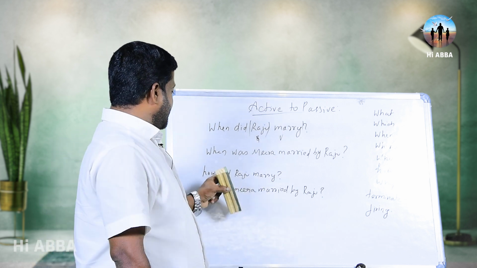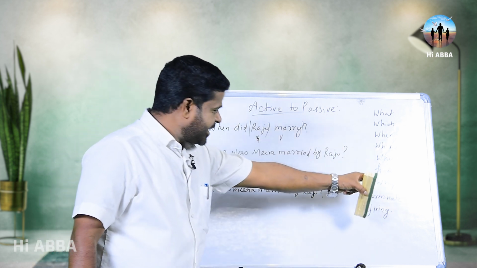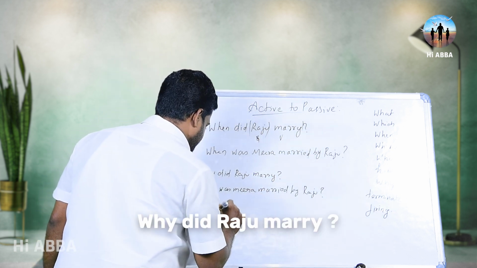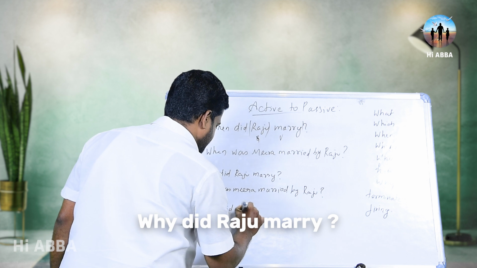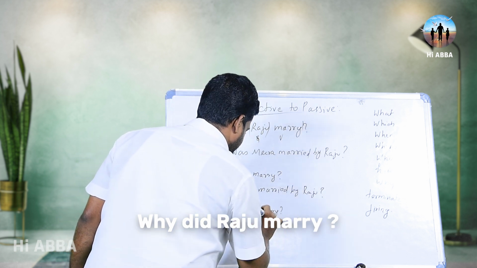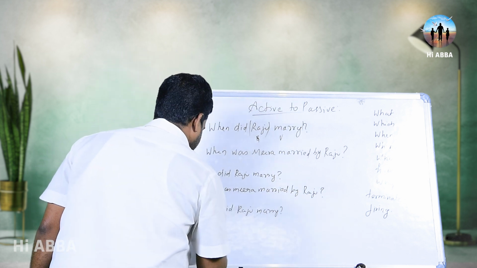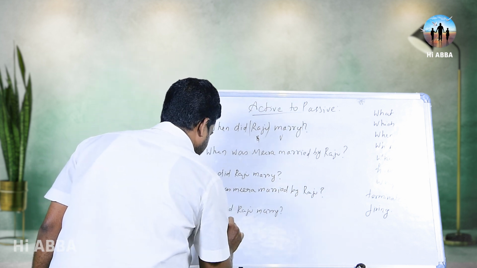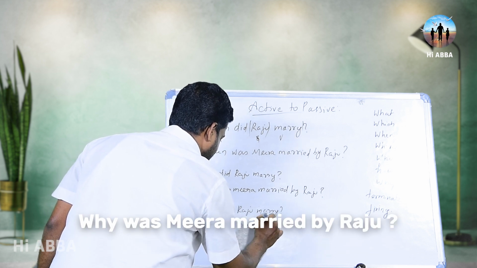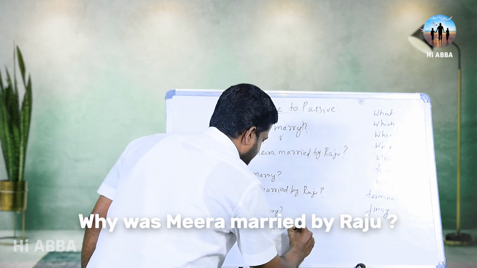We have applied the other WH questions also. Now again you can write a why also. Why did Raju marry? So the passive voice will be, why was Meera married by Raju?